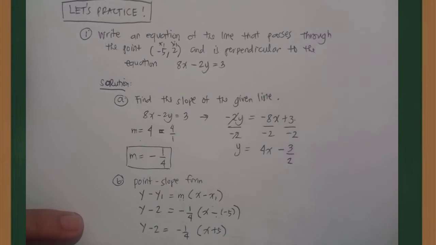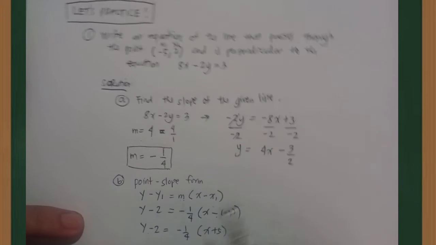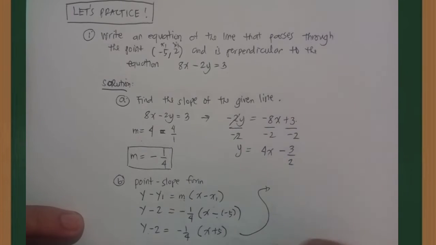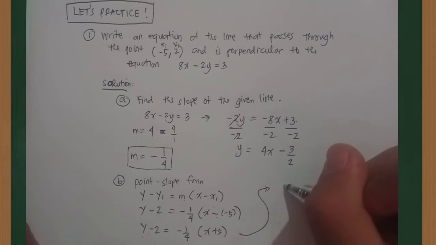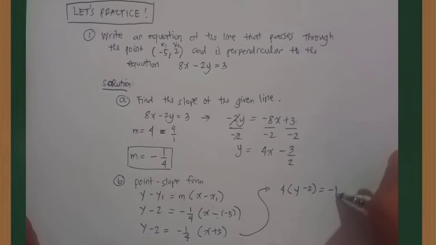After this, the denominator 4 we multiply on the left side, while the negative 1 stays on the right side. Did you get me? So it becomes 4 times the quantity of y minus 2 equals negative 1 times x plus 5.